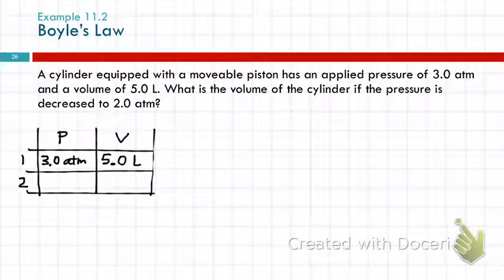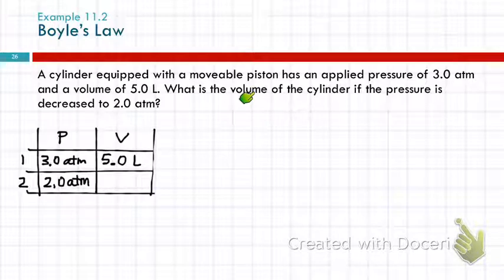We keep reading. 2 atmospheres. Well, 2 atmospheres is a pressure, so I'm going to write that in the pressure column. 2.0 atmospheres. Now I have a table, and I have 1 blank. I should have 1 empty square. Let's look at the question word, what?